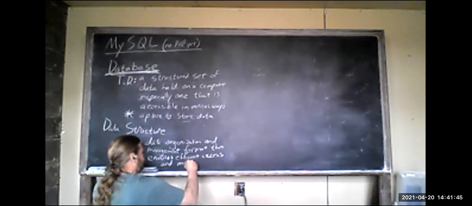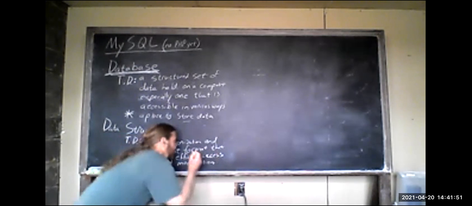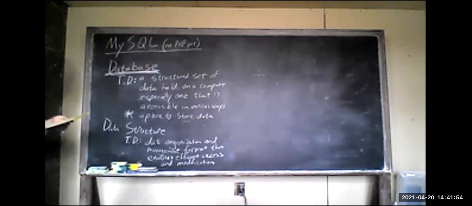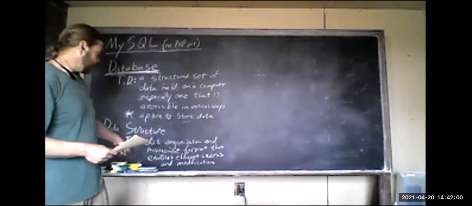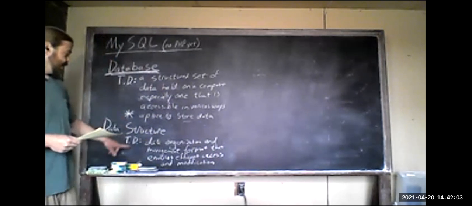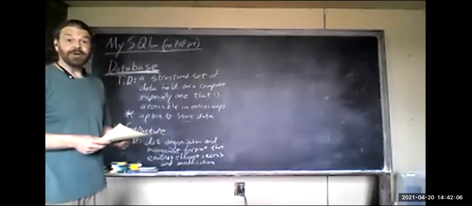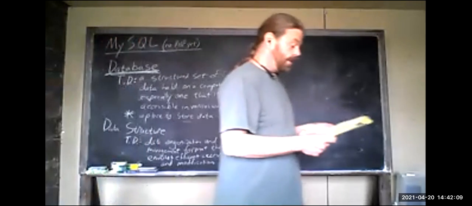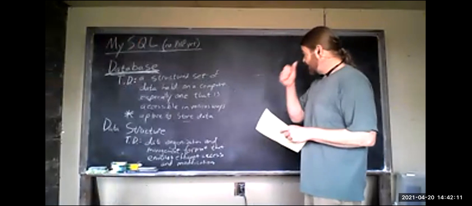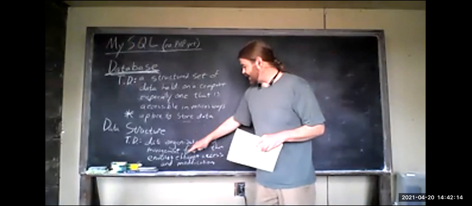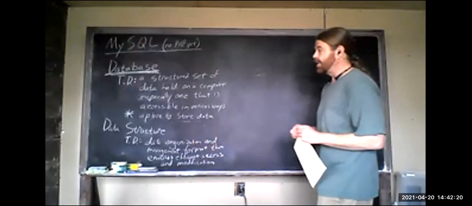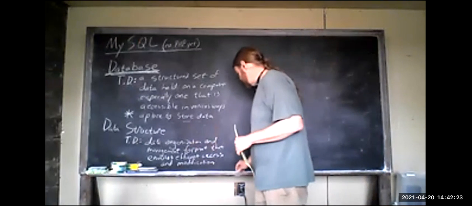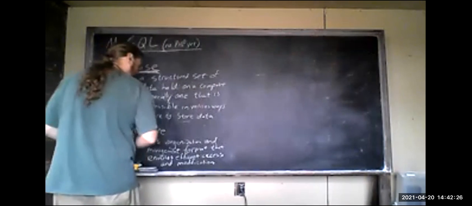So that's the technical definition there. The little asterisk one, the more useful definition, is just a way to handle data in our RAM and CPU. But data structure, it's an organization and management format that allows us to efficiently access and modify our data. So that's the key points here.